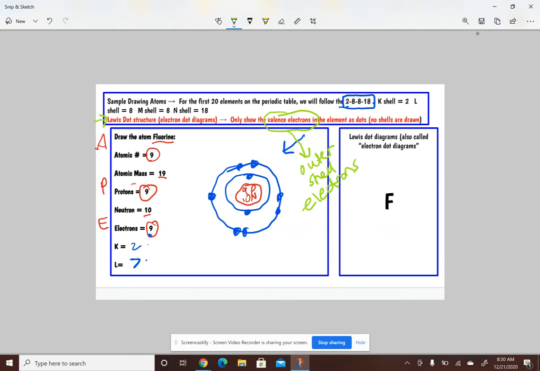So for fluorine, when I come back over to my diagram and look at how many are in the valence shell, I can count them: 1, 2, 3, 4, 5, 6, 7. That's all I'm going to draw. So that would be a Lewis dot diagram for fluorine.